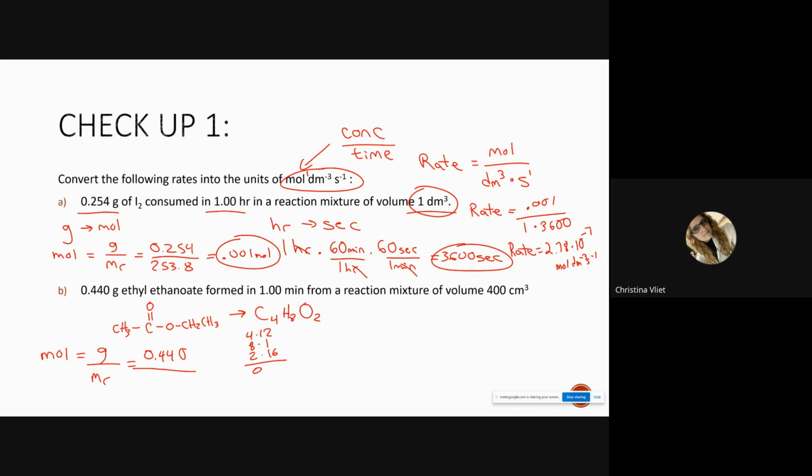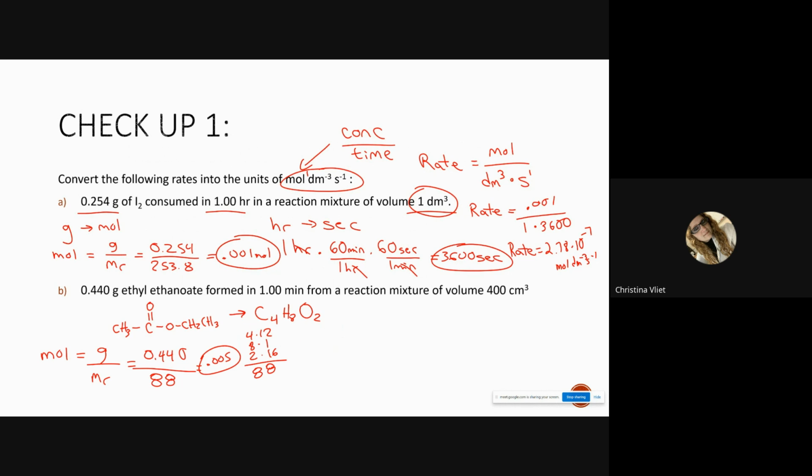I get 88. So we put 88 on the bottom. And what are our moles now? I get 0.005 or 5 times 10 to the negative 3. Either of those is fine.